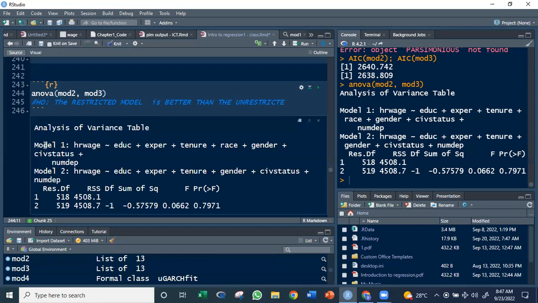Pero dito, yung pangalan niya kasi dito na ginamit, model 1 and model 2. So sino yung restricted natin dito? Si model 1 o si model 2? Pakisagot nga please, class. Which is the restricted model in this case? Dito sa pag-run ng ANOVA ni is it model 1 or model 2?